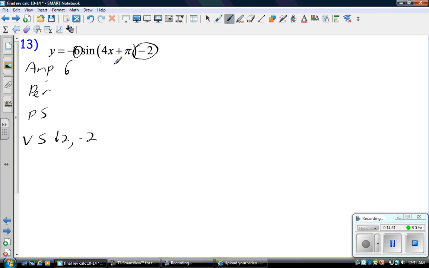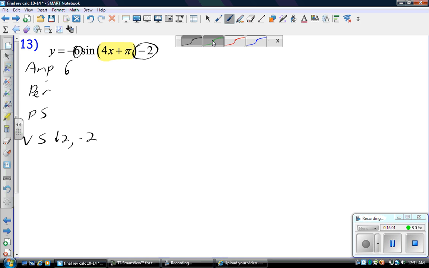The period and the phase shift are the trickier ones. That deals with the stuff that's here. Now, if you remember, we have to factor this out. All the rules that we have assume that this has been factored, so it's moved right here. So the rest of it, negative 6, we don't really care about. Here's what we care about.